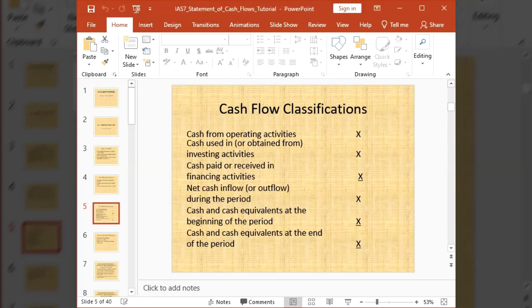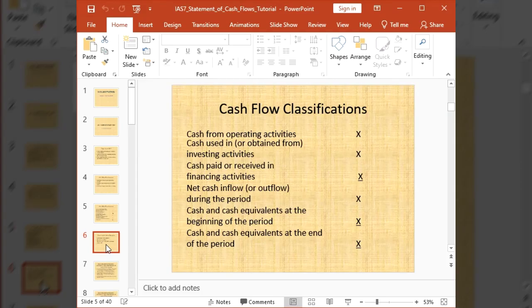And we said that you add up cash from operating activities to the cash flows used in investing activities and cash flows from financing activities to get the net cash inflows during the period. We add to the net cash inflows during the period the cash and cash equivalents at the beginning of the period, and the resulting figure is the cash and cash equivalents at the end of the reporting period.